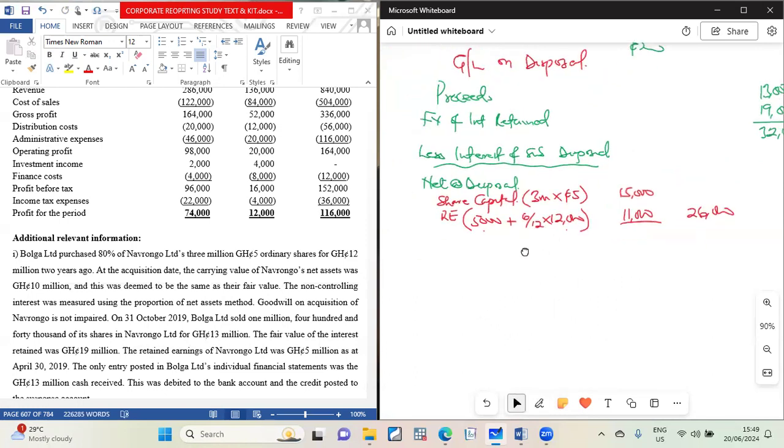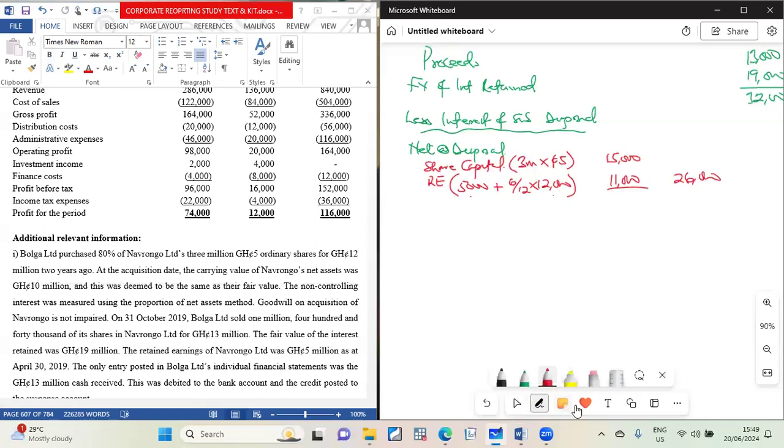Then we come and take goodwill out. Net asset, please, this is supposed to be net assets at disposal. Then we come and take goodwill at disposal. But before we can get goodwill at disposal, we need to get goodwill at acquisition.